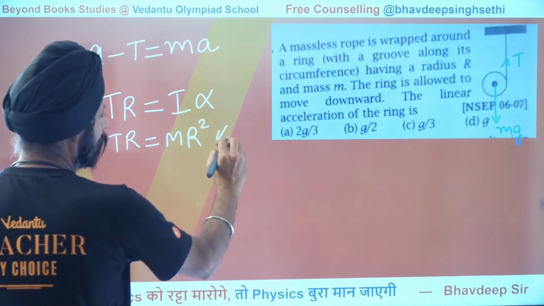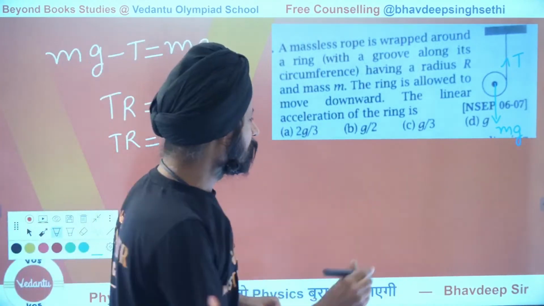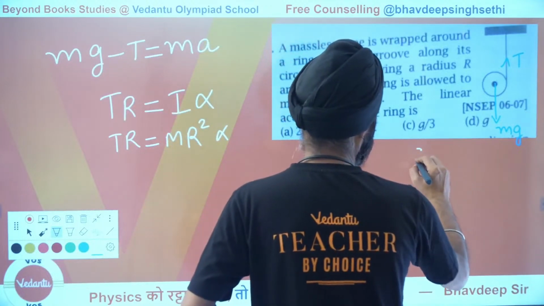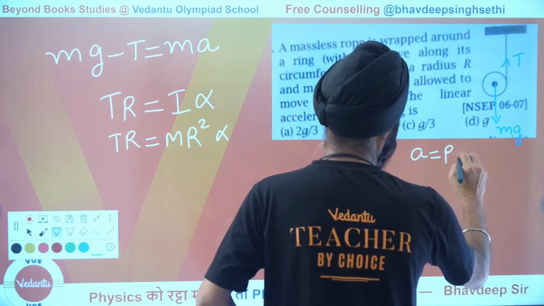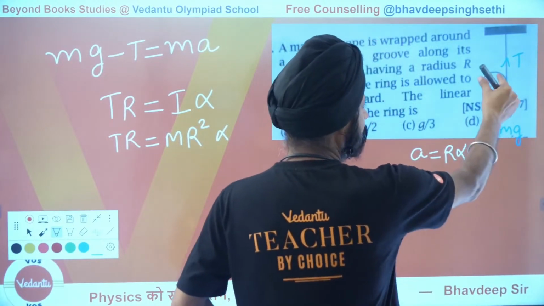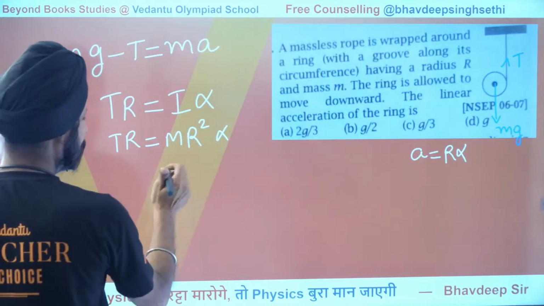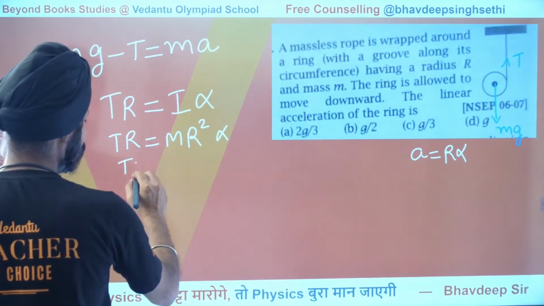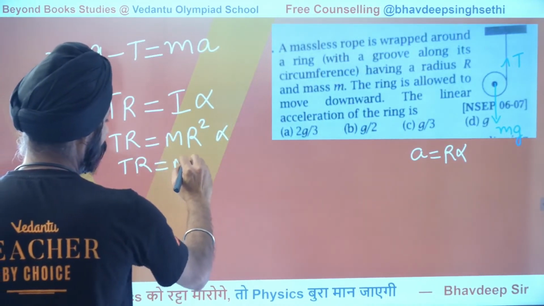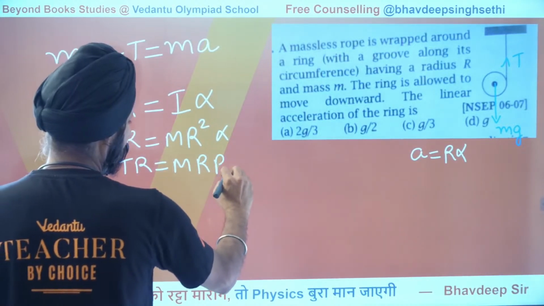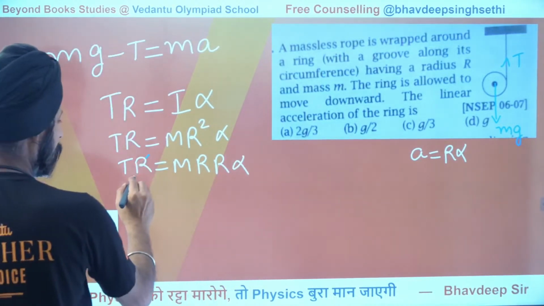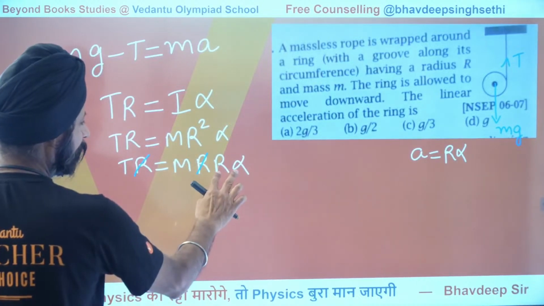Now if there is no slipping, then I know a is equal to R alpha. Isn't it? So first of all, I can write this as TR is equal to MR R alpha. So let's cross out this R. This R alpha is a.